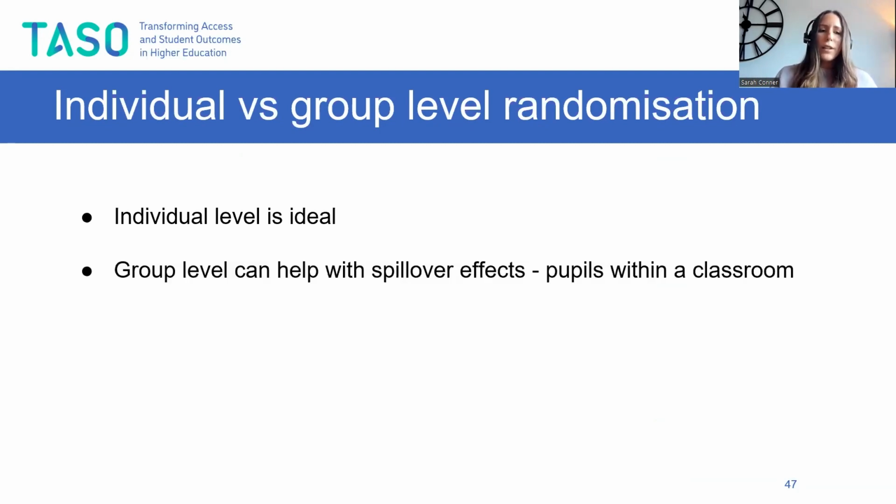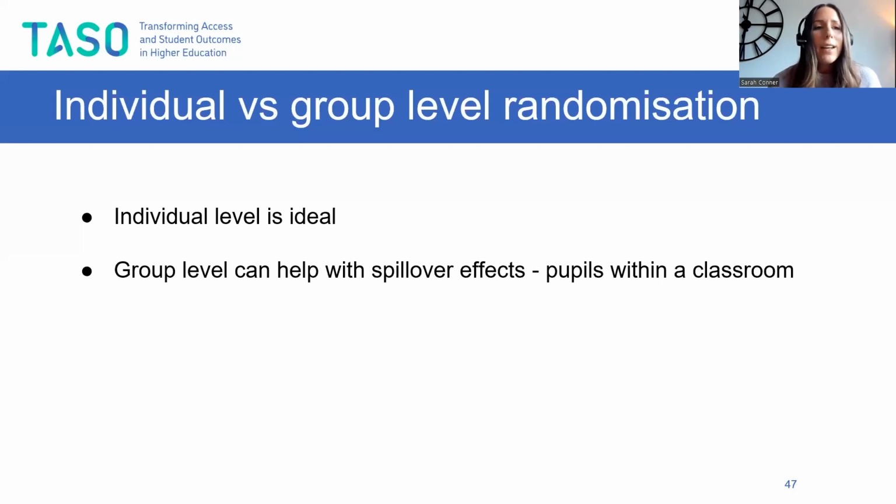But group level randomization, so randomizing at the classroom level or at a particular teacher level, is a good thing to do if you think there will be spillover effects. For example, let's say you have a class of 20 and 10 students in that class were randomly allocated to receive additional tutoring.